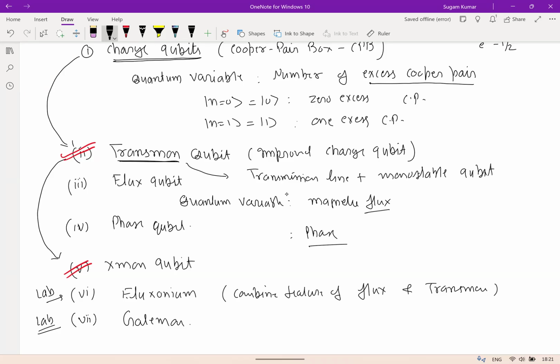Now you can see why this is called the transmon qubit, correct? When I come to the structure, you will feel better about how these transmission lines are used here.